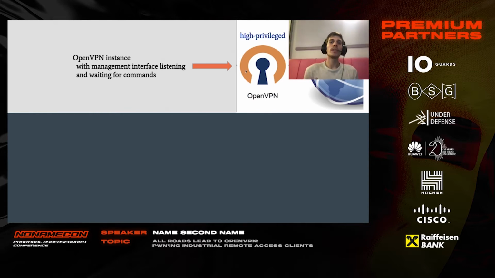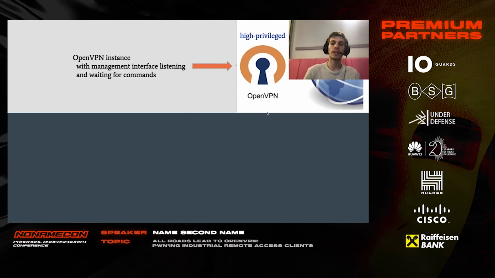Once it receives a command, it will start and open the tunnel to the home office, which sits on the other side of the internet. So right now we have the host machine here, and one of the processes running is OpenVPN, and it waits for a command.